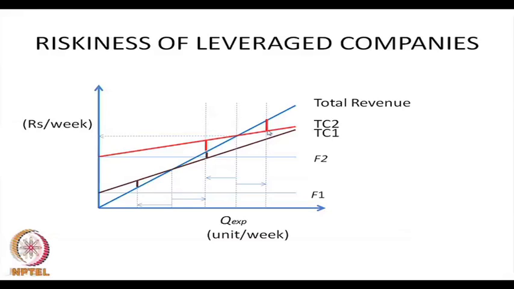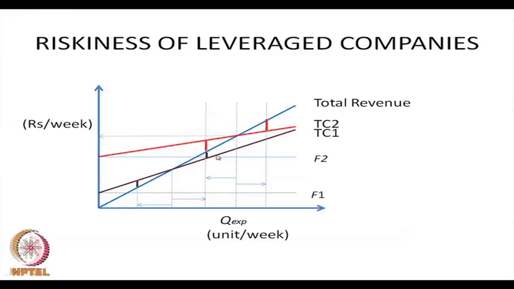But suppose for some reason, by the same amount, the plant production falls below the break-even point, then the loss is also quite high. So, this is a case of a high leverage company with high F and low V. This gives us high profit in the profit zone, but is accompanied by also high loss.